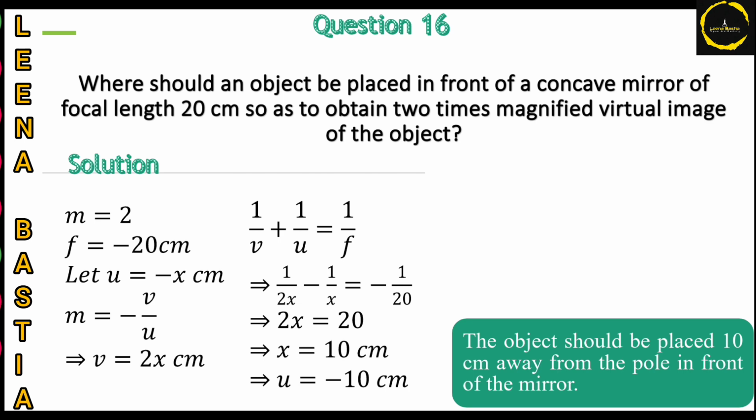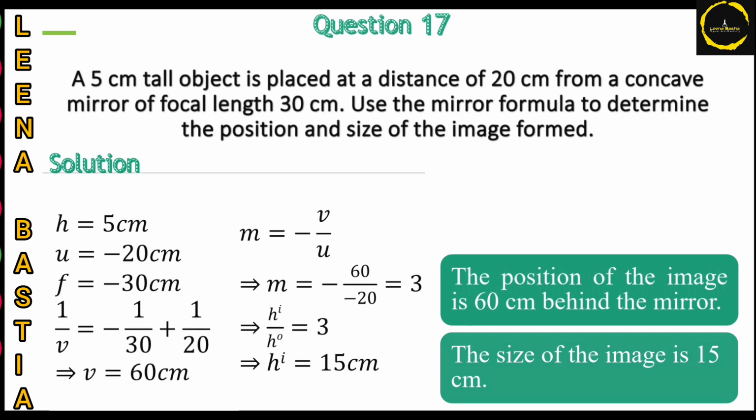Now the next one, question number 17. Okay, let us read the question. A 5 centimeter tall object is placed at a distance of 20 centimeter from a concave mirror of focal length 30 centimeter. Use the mirror formula to determine the position and size of the image formed.